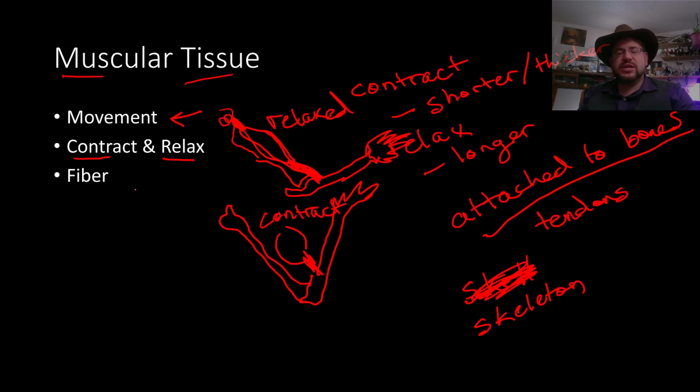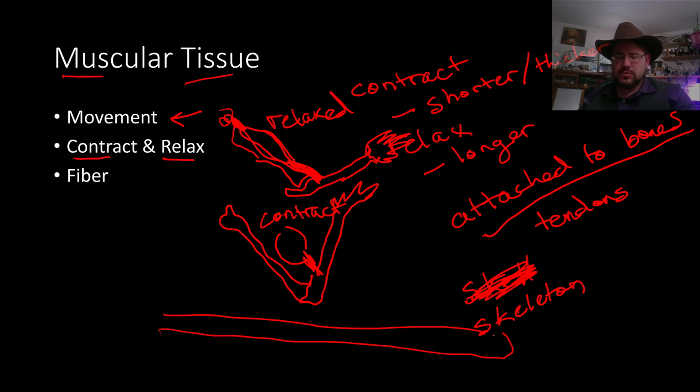So, muscular tissue is built out of muscle fibers. Muscle fiber is the fancy name for a muscle cell. Muscle cells are extremely long cells, often drawn as nice little cylinders. They have protein fibers inside them.